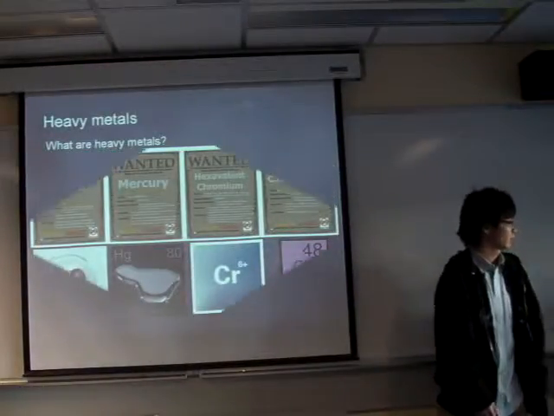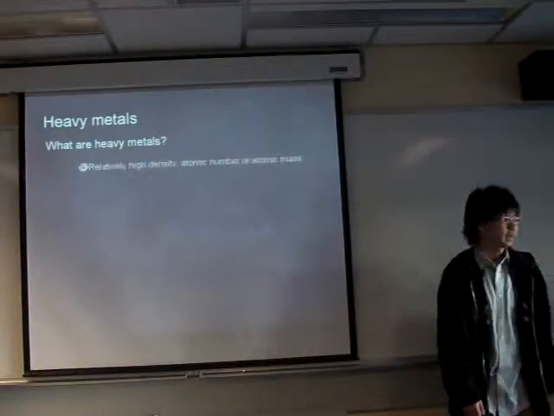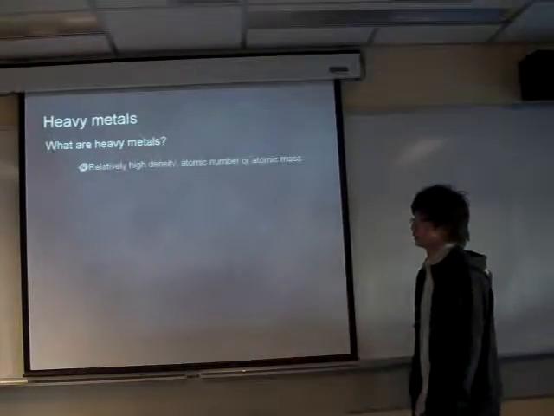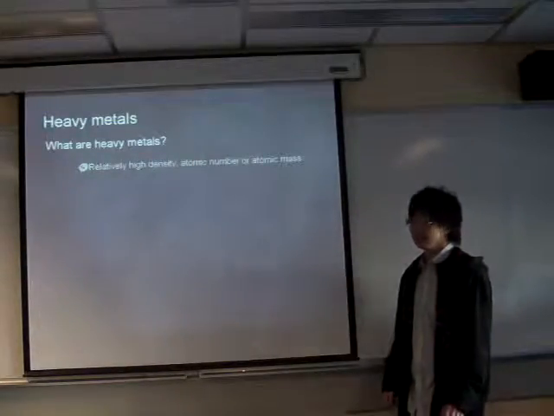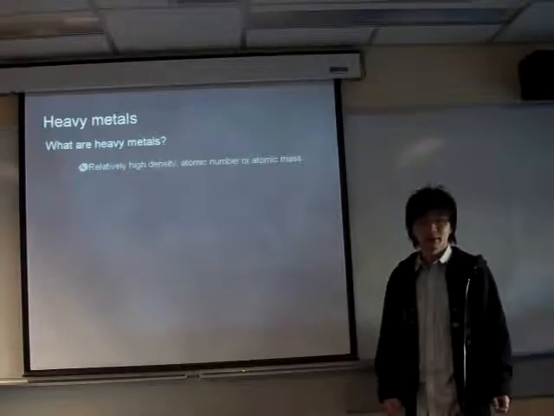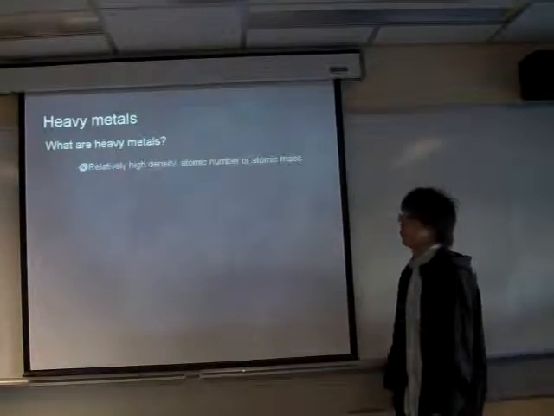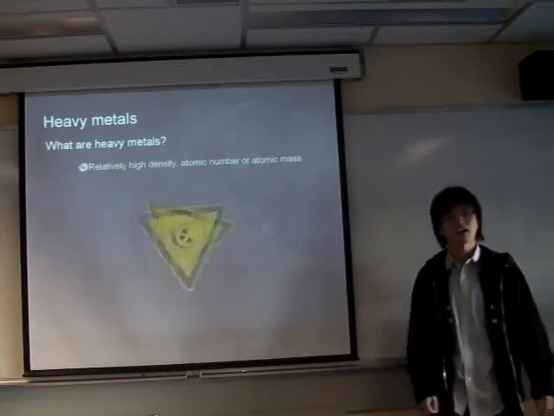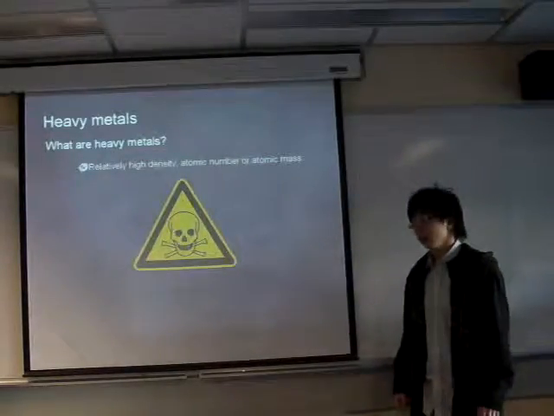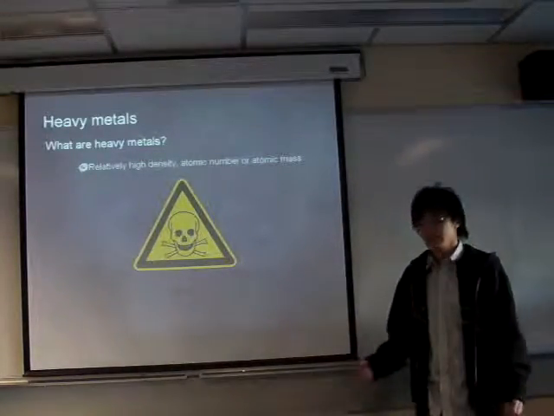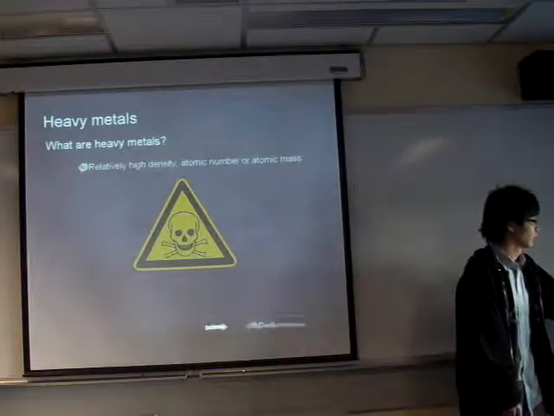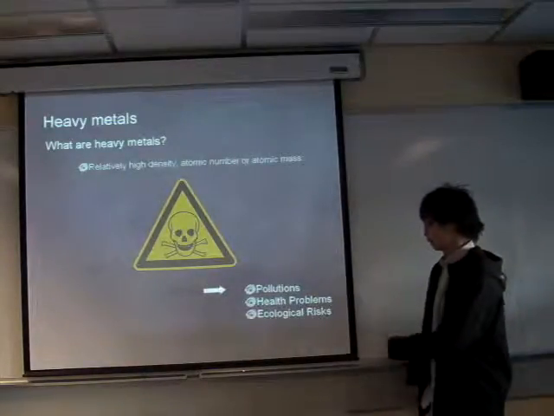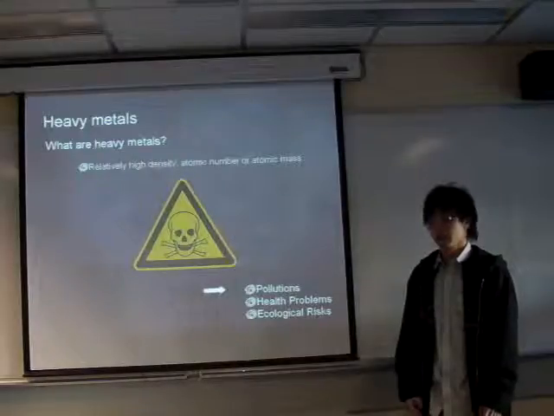In fact, heavy metals are metallic chemical elements that have relatively high density, high atomic numbers, or high atomic mass. And heavy metals are toxic. Since they are toxic, they cause pollution, health problems, and finally ecological risks to us.